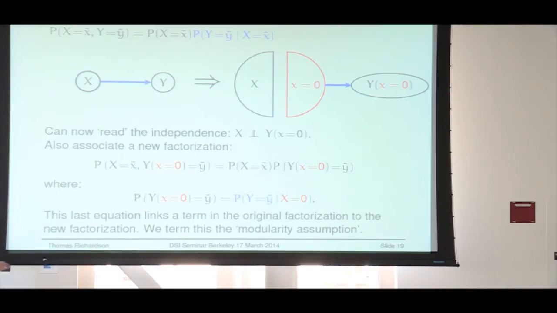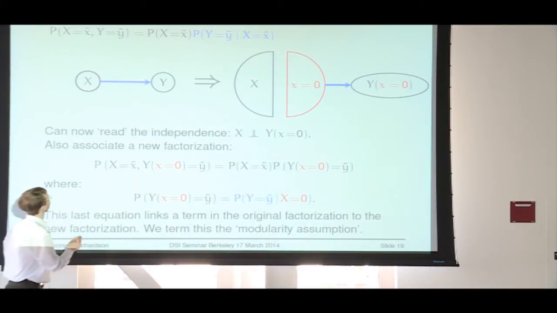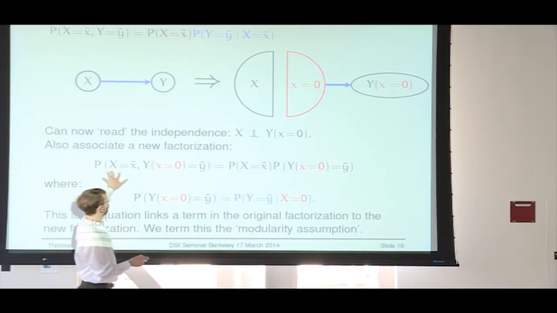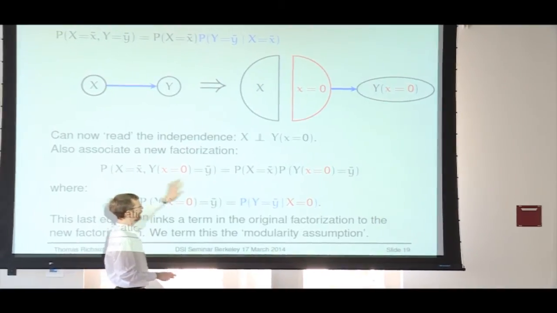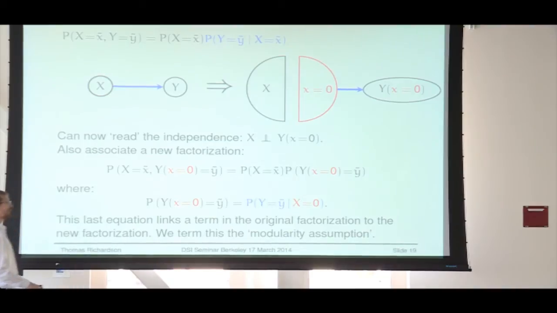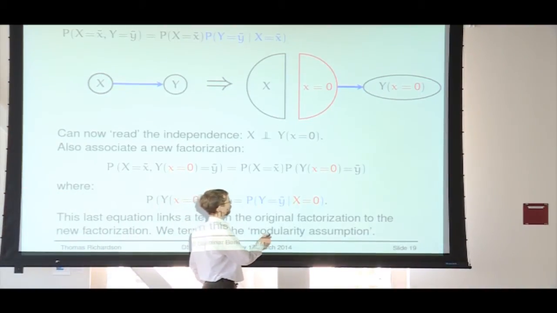There's one more thing, which is I need to tell you what this distribution is here. So far I've started off with this graph, done this transformation, and told you that the new graph represents a factorization over the random variables in this new graph, which factors in the same way as before into each variable conditional on its random parents. But I need to tell you where you're supposed to obtain this distribution from.